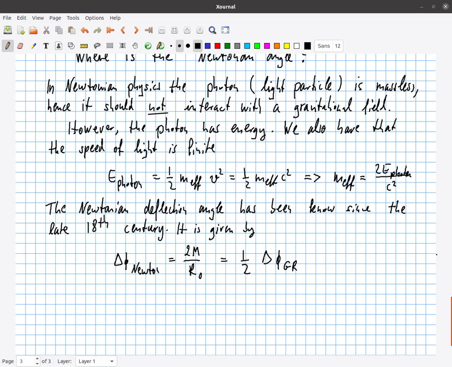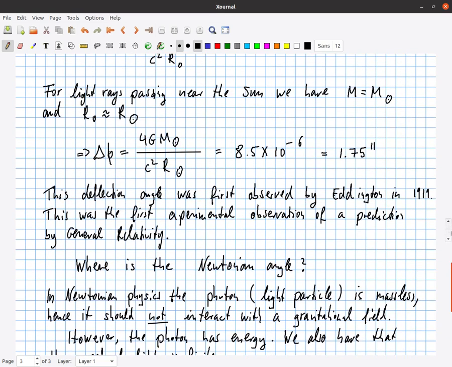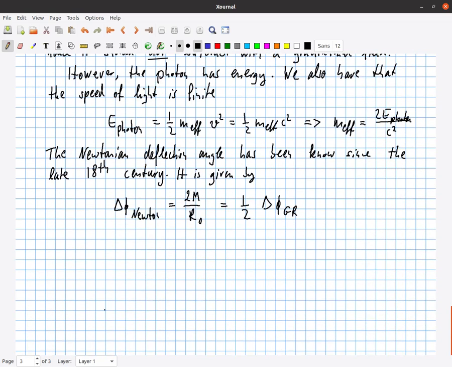Let me finish this lecture with a little comment on the precision of the data. That's sort of interesting. Sometimes people write something like this: delta phi equals alpha 4Gm over c squared r0, where clearly alpha equals 1 is GR and alpha equals 1/2 would be Newton.